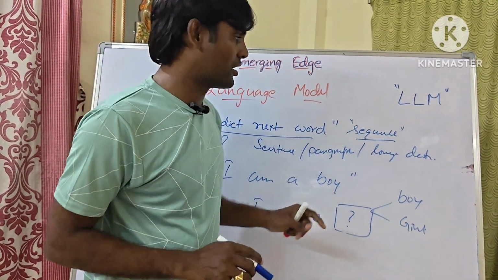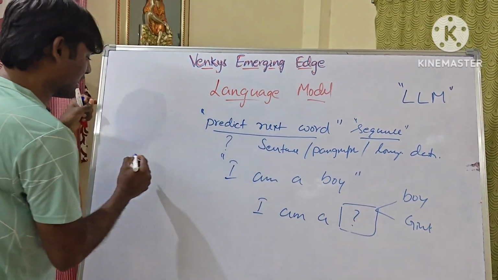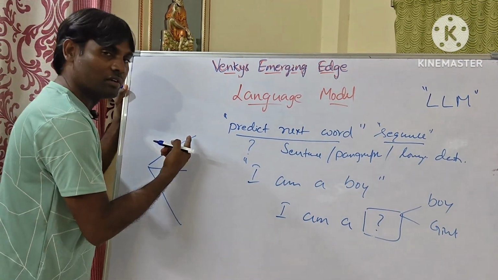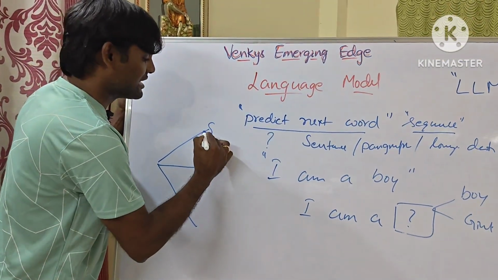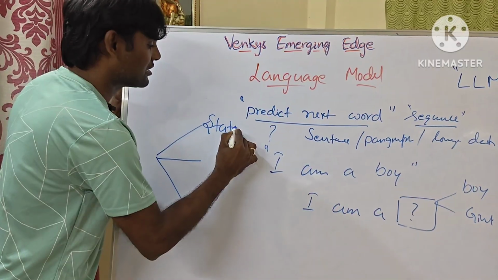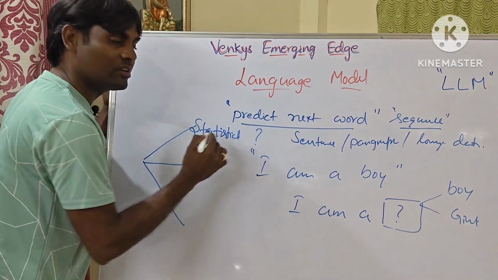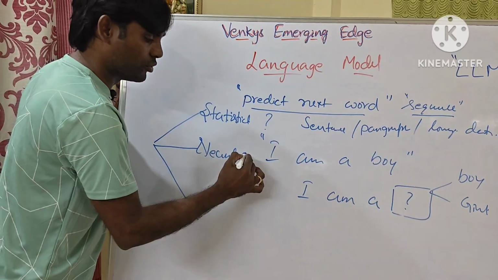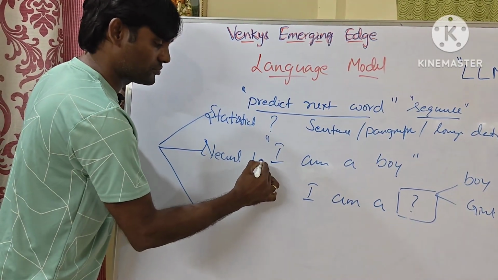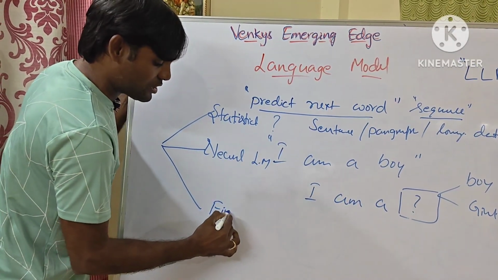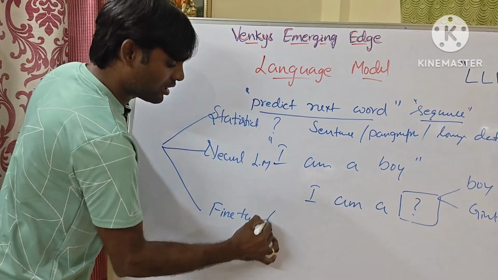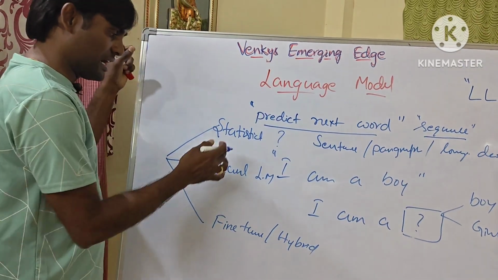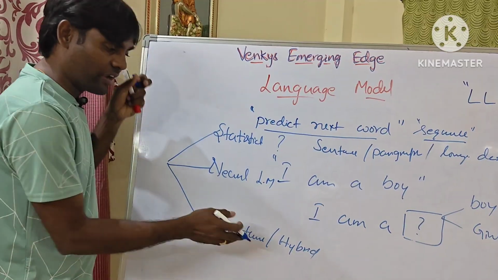Is it clear? Okay. So language models are mainly of different types. One is the statistical language model, next is the neural language model, and next is the fine tuning or hybrid model.